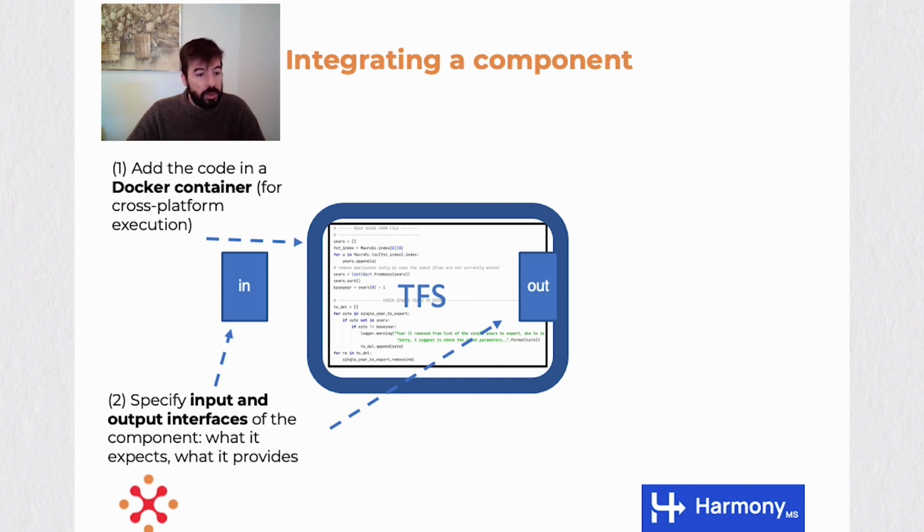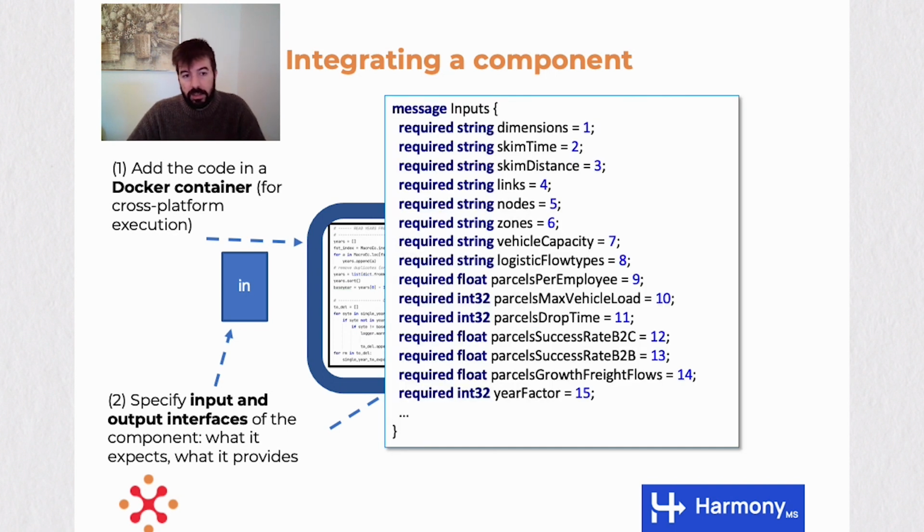So how does this look? The input and output interface might look something like that. Basically, this is a language called protocol buffers that we have used here. As you can see, a component might have several inputs, some of them of different types. Some might be strings, or files, or integers, or floats.